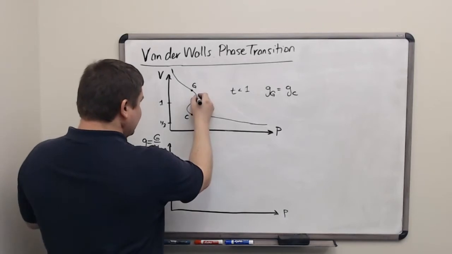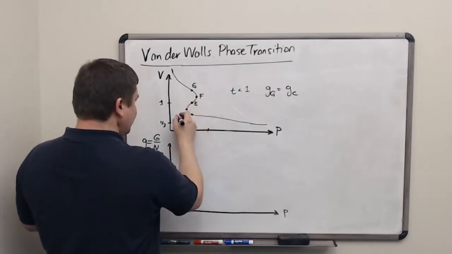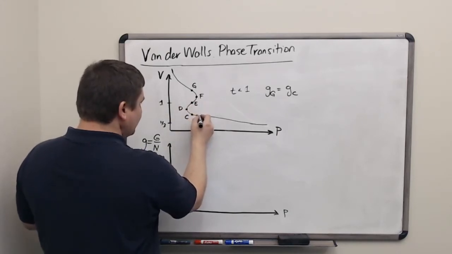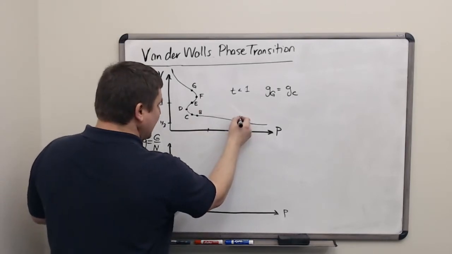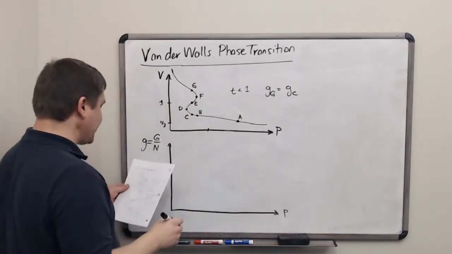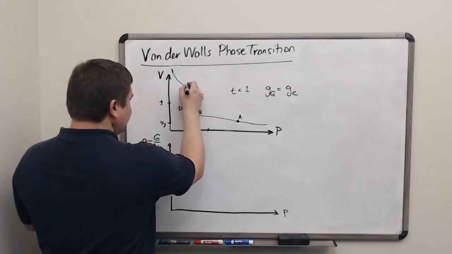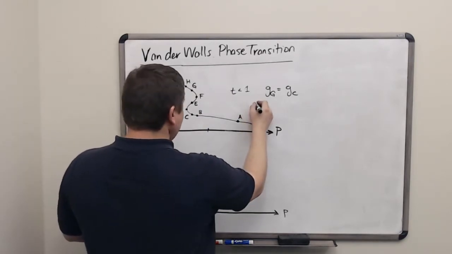We'll then say that this is location F, this is location D. At an equal pressure to F, I'll put another dot and call it B, and way out here at some high pressure, location A. Going the other direction, at the same pressure as location D, we'll put a location H. So let's be careful here.